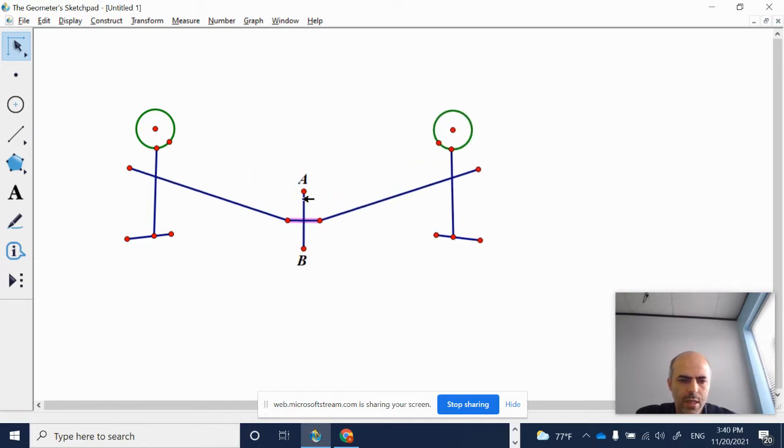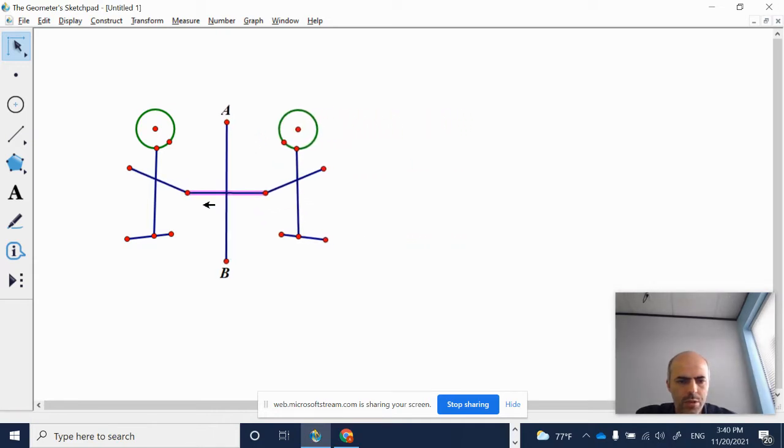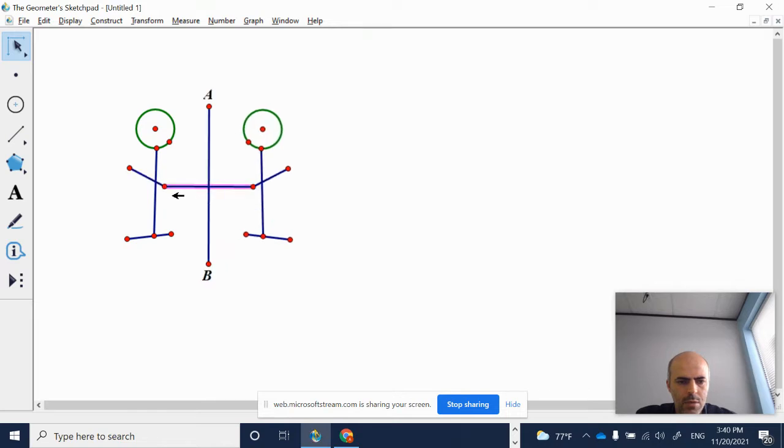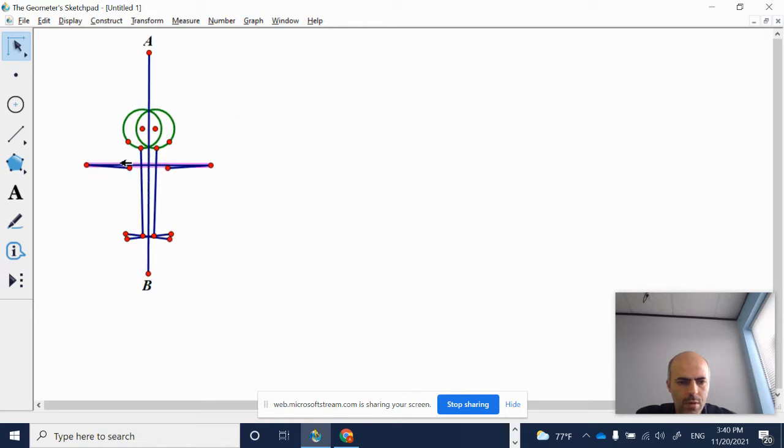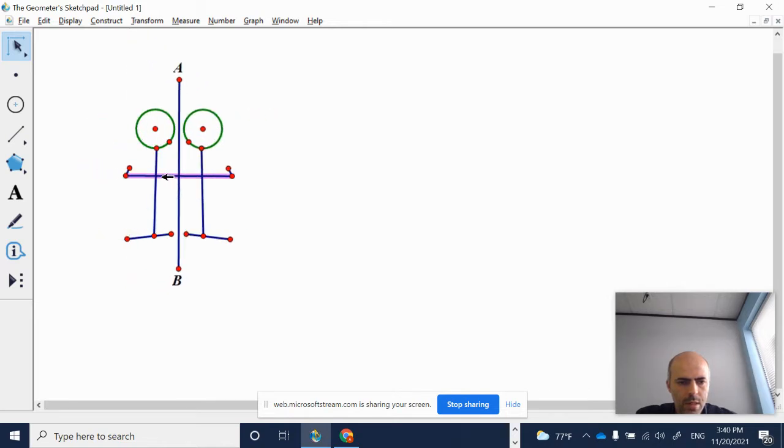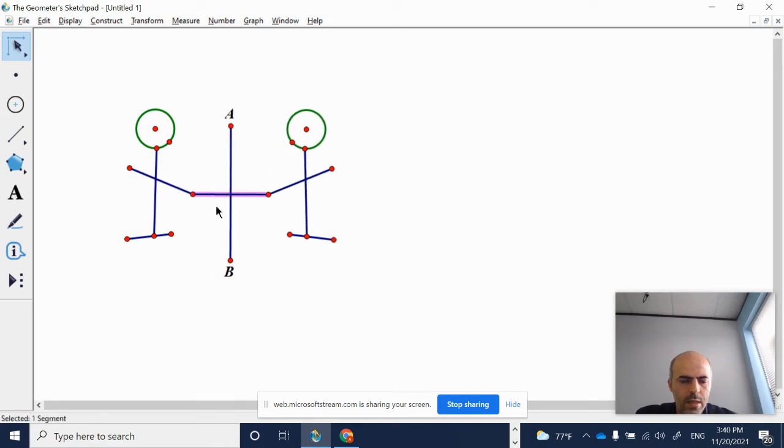You see the arms are going longer or shorter. It all depends on where we are dragging these line segments, because I think these points are the parent points of this line segment.